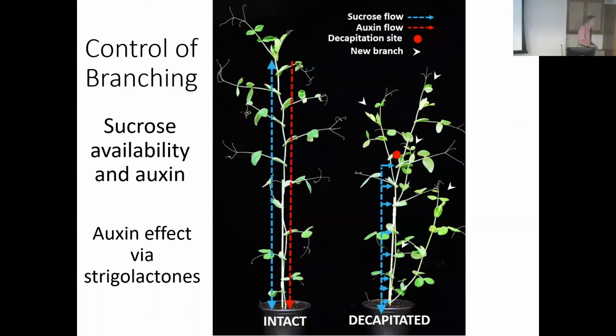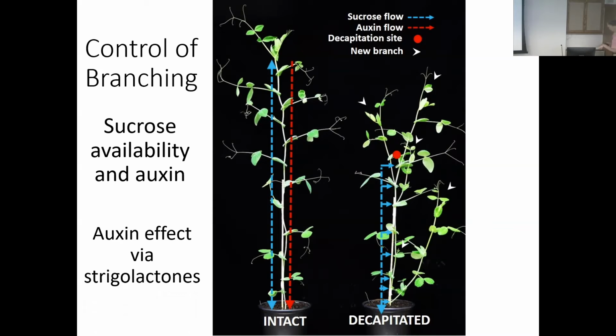One of the classic things that was discovered about auxin many years ago is if you take a plant like a pea, a Pisum plant, and you cut the apical bud off, you then get branching. And this was attributed for many years to the fact that you'd removed the source of auxin.